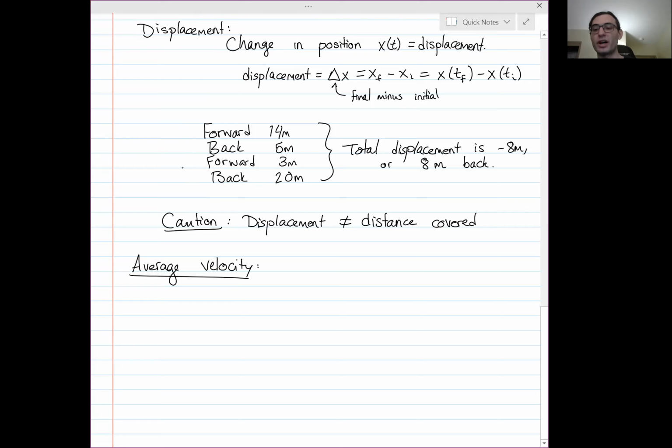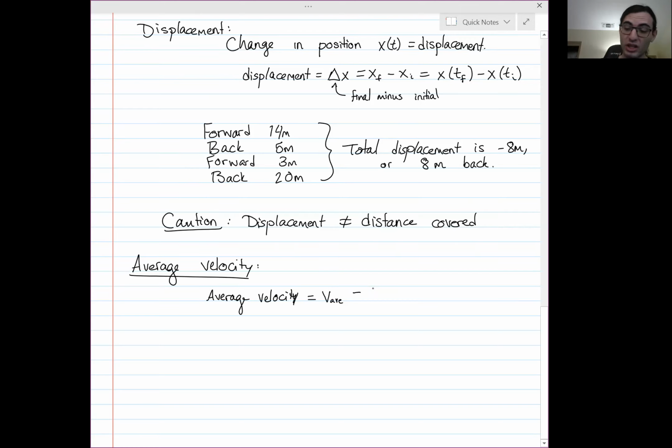And the way that we quantify that in some sort of unit, some sort of measurement, is in terms of this idea called average velocity. So average velocity, which I will give the abbreviation v average. Now, by the way, in the future, when we talk about multidimensional motion, we'll have a vector over that because this is a vector.